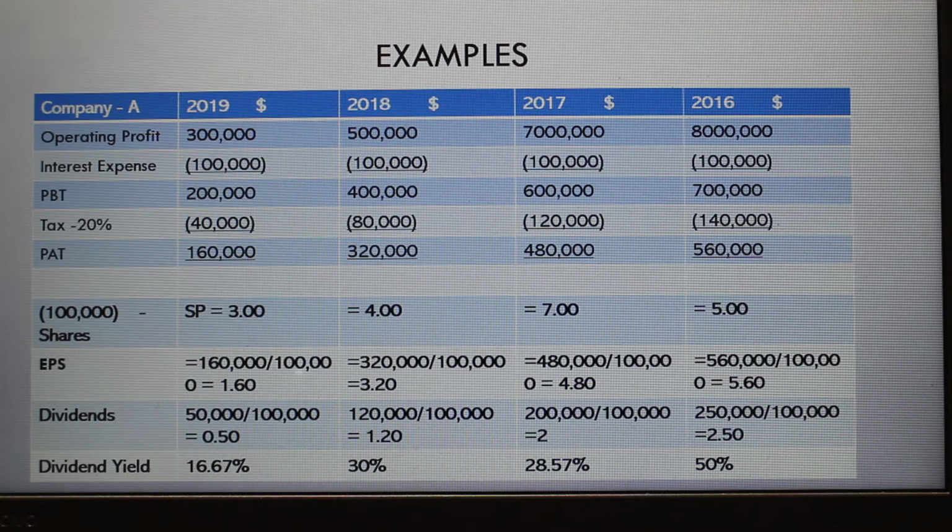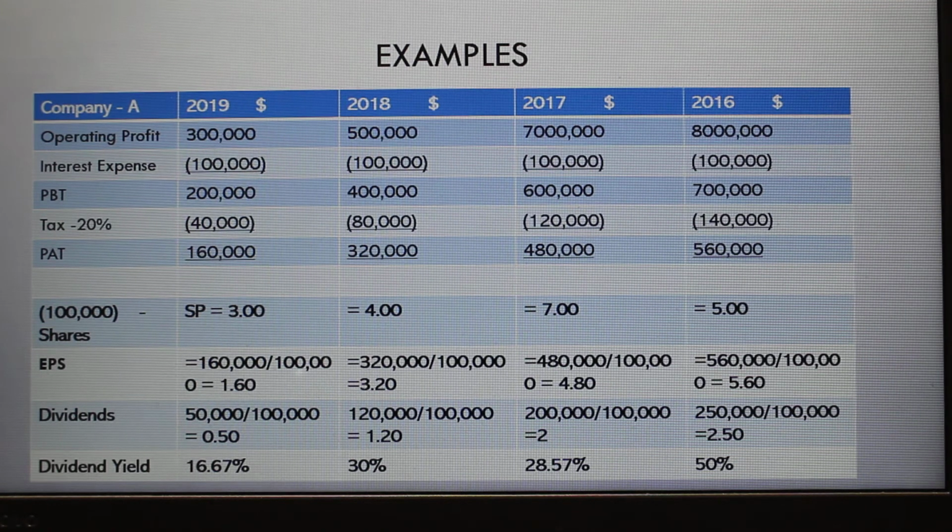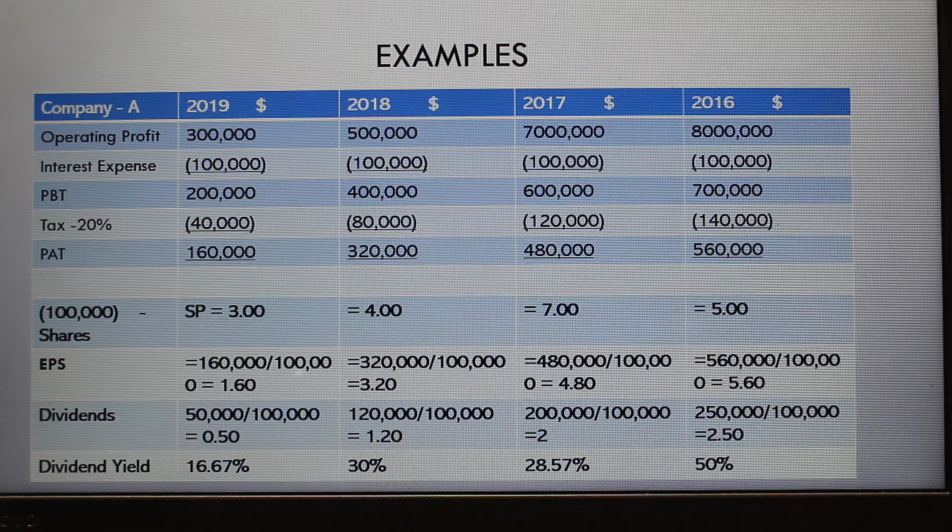The board of directors decides that of the 560, they'll give 250,000 as dividend. And so our dividend per share is $2.50. Now 250 divided by $5 multiplied by 100 gives us 50%. So we see the yield has increased significantly to 50.